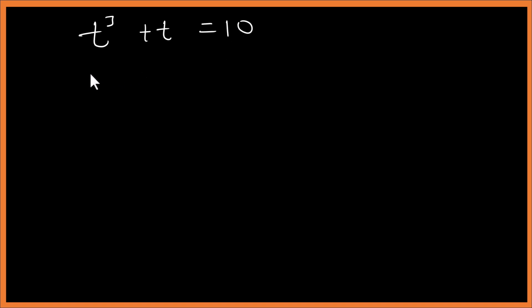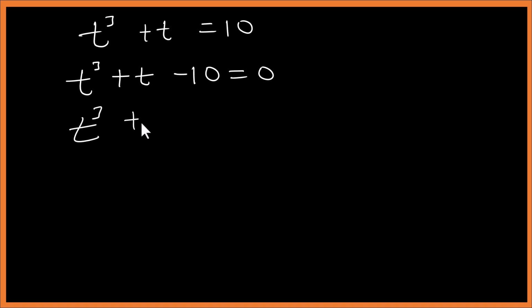All right, so let's arrange this one well. So t cube plus t minus 10 equals 0. Now I want to apply the difference of cubes. So I'll write this one as t cube plus t minus 8 minus 2 equals 0.